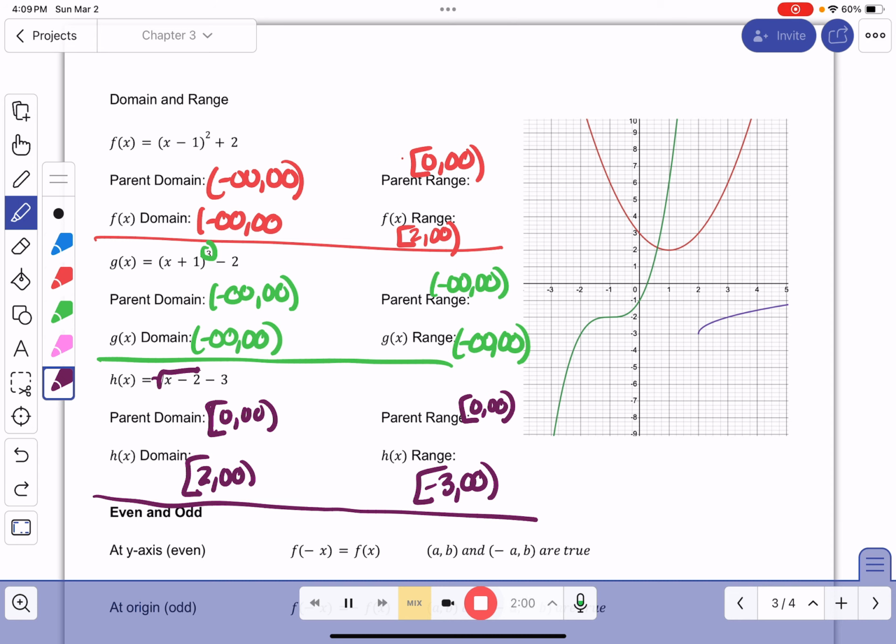So if we started at 0 and we moved it up 2, it would make sense that our range went to 2. If we started at 0 and we went down 3, it would make sense that our range went down 3. And then the same thing with our domain. If we shift our domain, we shift it. Negative to infinity, you can't really shift. So that's where those come in.